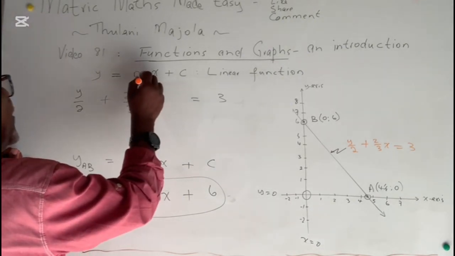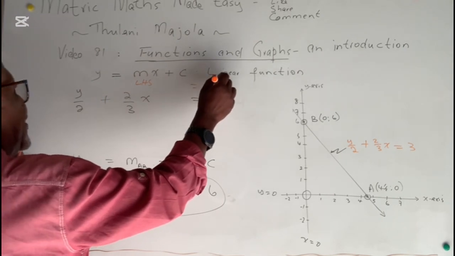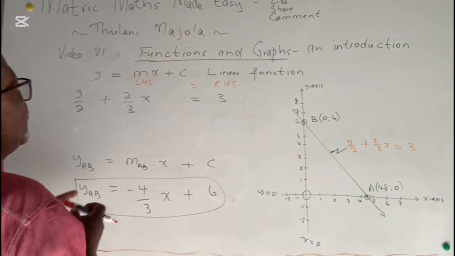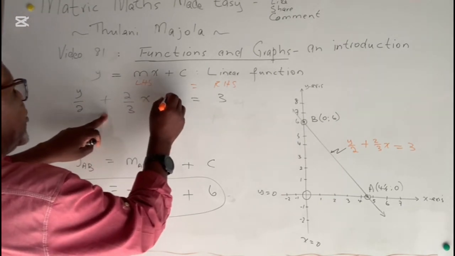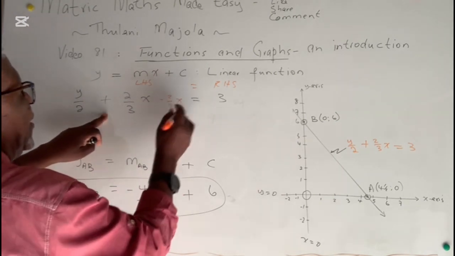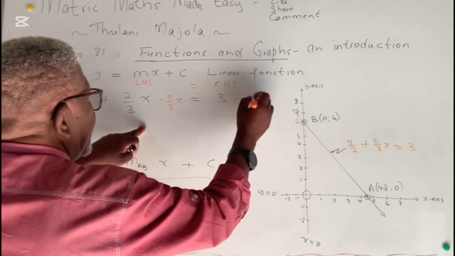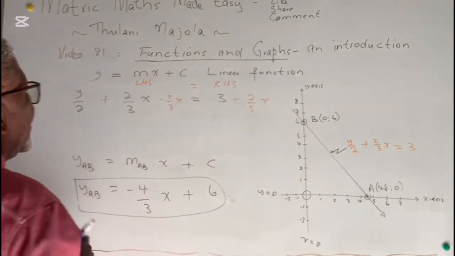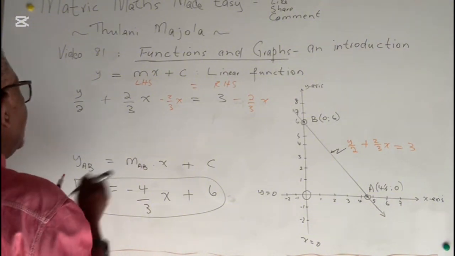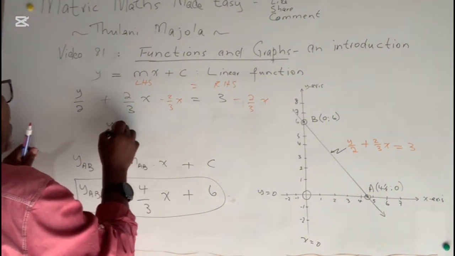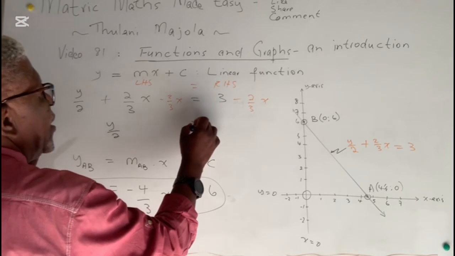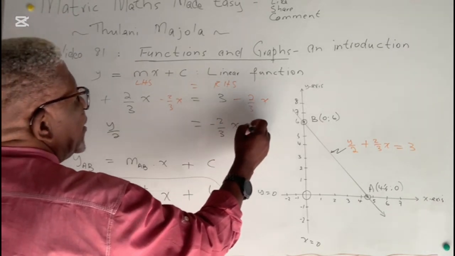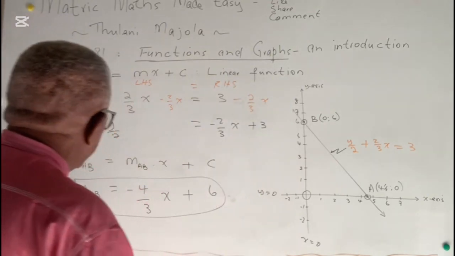You've got your left hand side equals your right hand side, so make sure your equal signs are aligned. You need to subtract this 2 over 3 x on the left hand side, so you do the same thing on the right hand side. What we end up with is y over 2 equals negative 2 over 3 x plus 3.